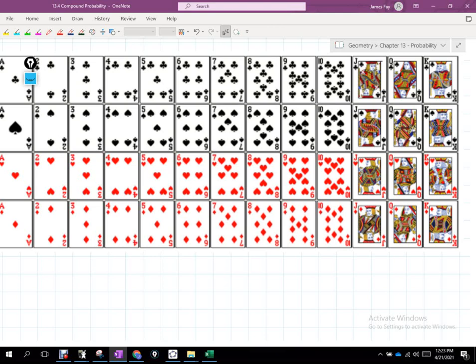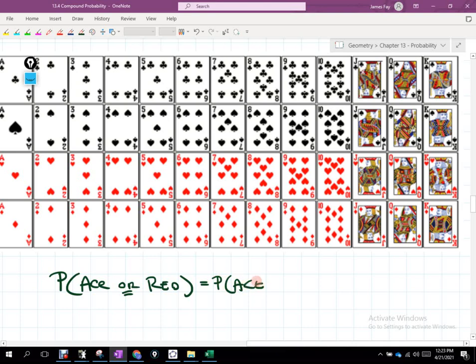Okay, so my question was, what's the probability of an ace or a red card, right? So let's think about this. If we're going off the word or here, it's the probability of an ace plus, because or means plus, right?